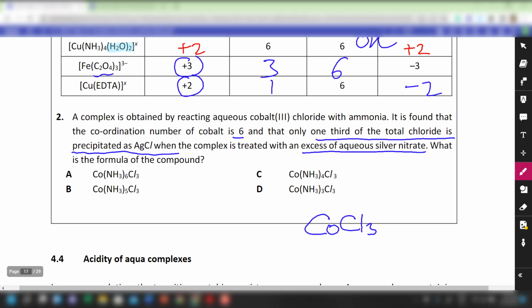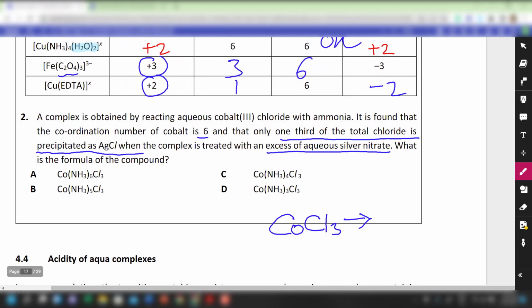What does it mean? For every 1 equivalent of cobalt chloride I dissolve, let me try, as a thought process, this is not exactly a reaction, I'm going to produce 1 equivalent of cobalt(III) and 3 equivalents of chlorides. I'm told that only 1/3 of it can be precipitated as silver chloride.